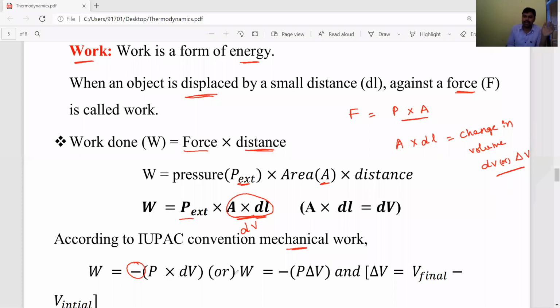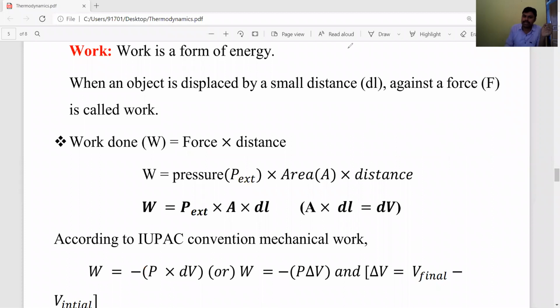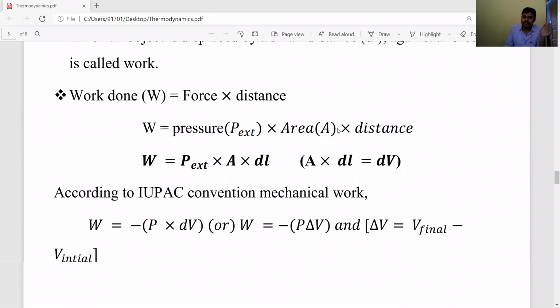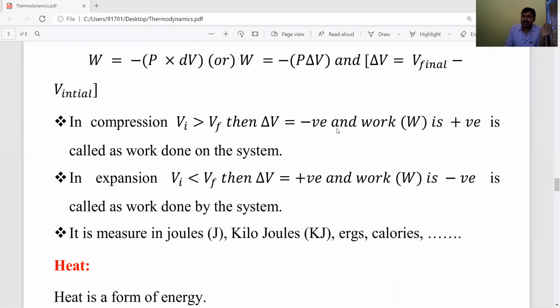That's why finally the work formula I am writing is W is equal to minus P into dV, or delta V, where delta V is the change in volume, final volume minus initial volume. So delta V is equal to Vf minus Vi. Okay students, you have to remember. Now we need to discuss some conditions. There are two types of work: one is work done by the system, and the second is work done on the system.